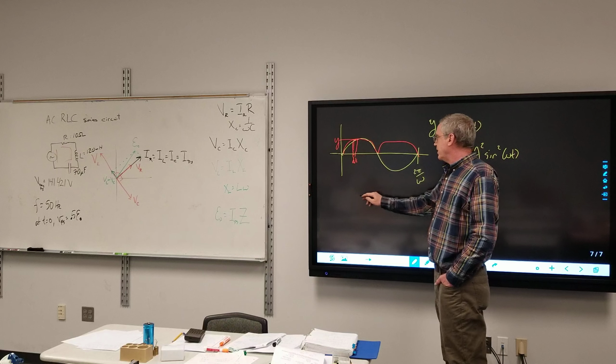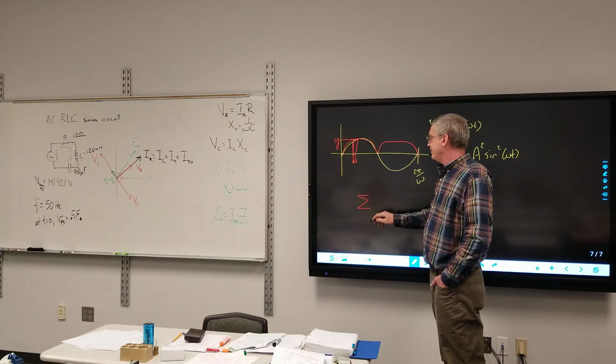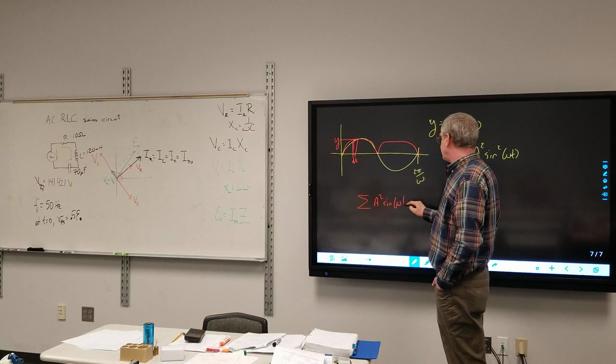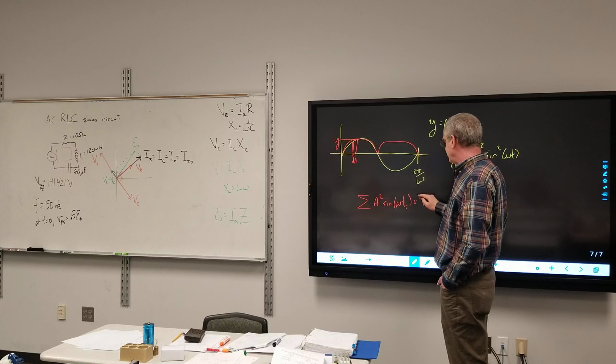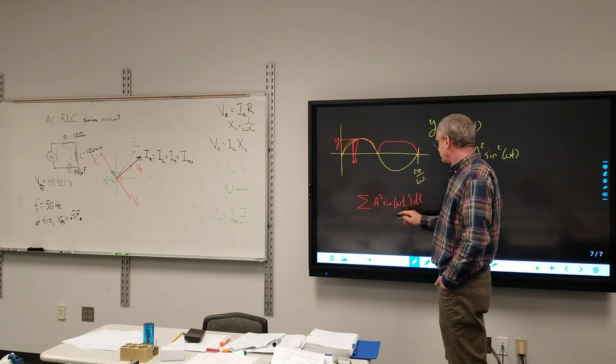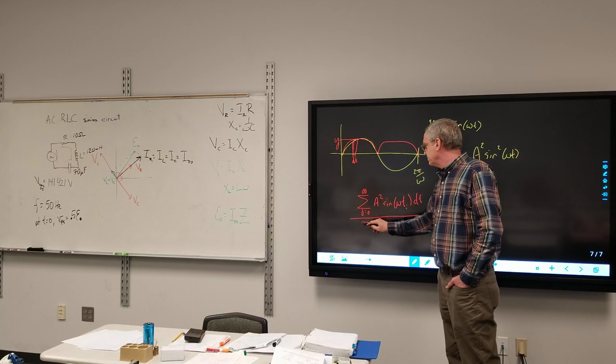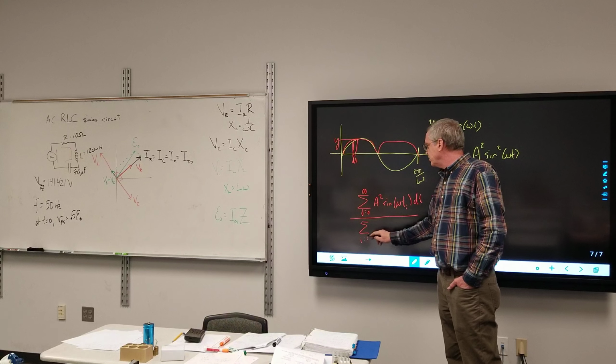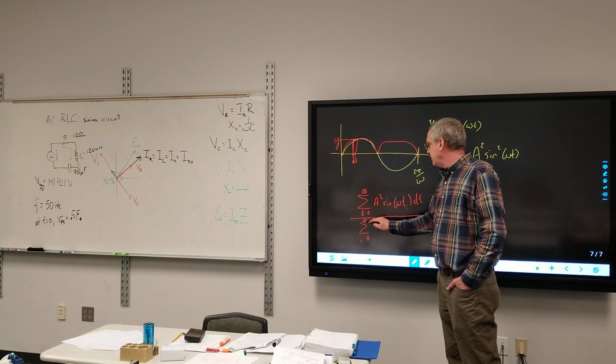And so what I'm going to do is add up an infinite number of these things. So I have a squared sine omega t sub i dt, where i equals 0 to infinity. In essence, I'm doing an integral here. And then divide by the number of numbers, which would be the sum i equals 0 to infinity of dt.